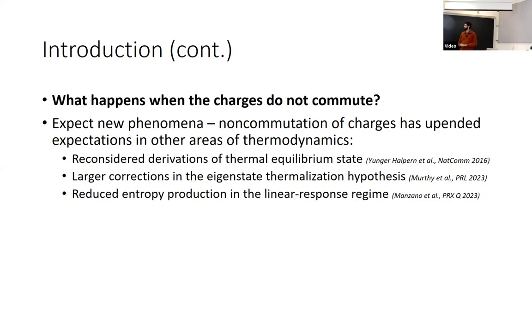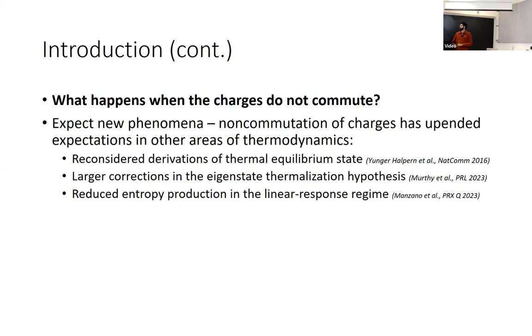Consider the eigenstate thermalization hypothesis, which answers the question of how isolated quantum systems, or at least small parts of them, can appear to thermalize even though they're undergoing reversible unitary evolution. Again, the existence of non-commuting symmetries, which show up in the Hamiltonian, or these non-commuting charges, has been shown to lead to larger corrections.